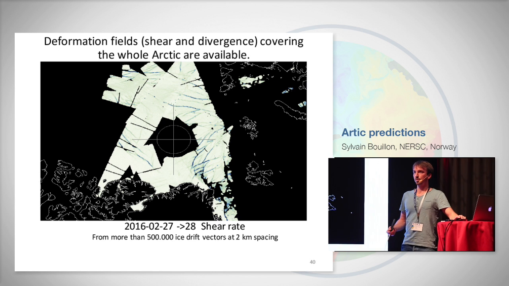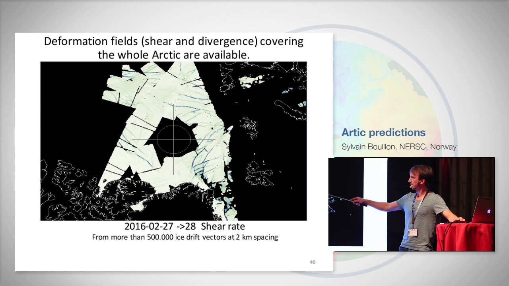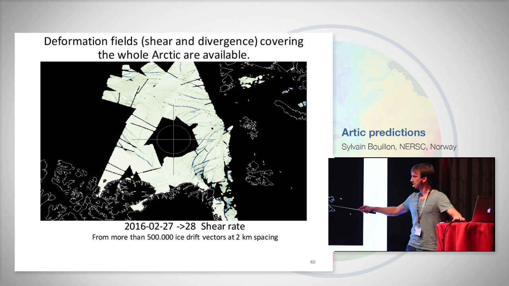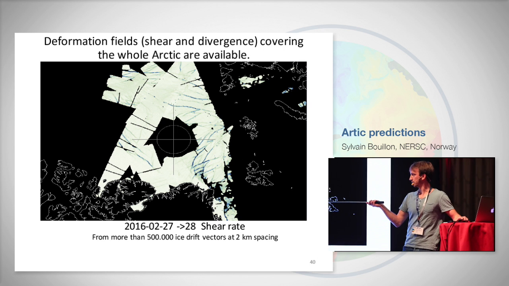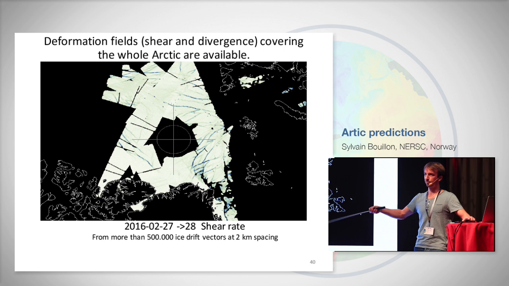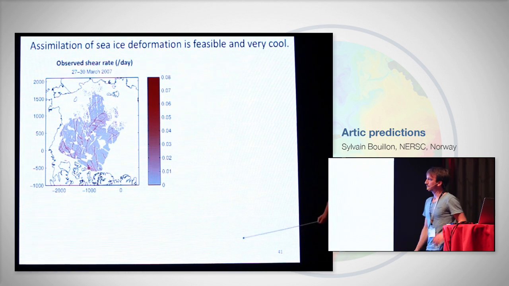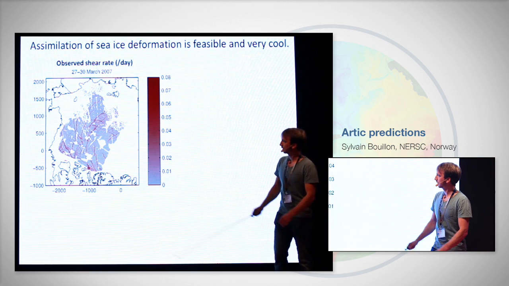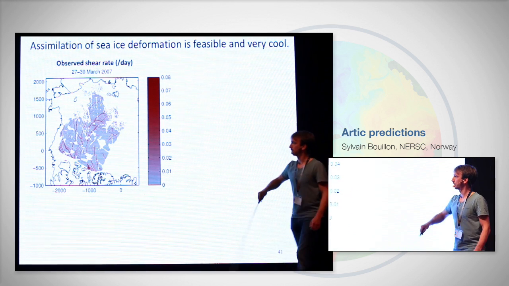So from the sea ice drift, you can compute sea ice deformation, and you see all these bands of very active deformation zones. So the idea is to try to assimilate that, to use this information, because it's quite persistent. When it's deforming, it will be deforming for the next days. So what we did as a first try is to start from the deformation from observation.